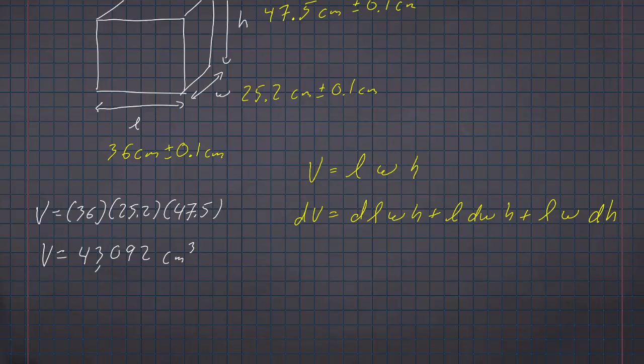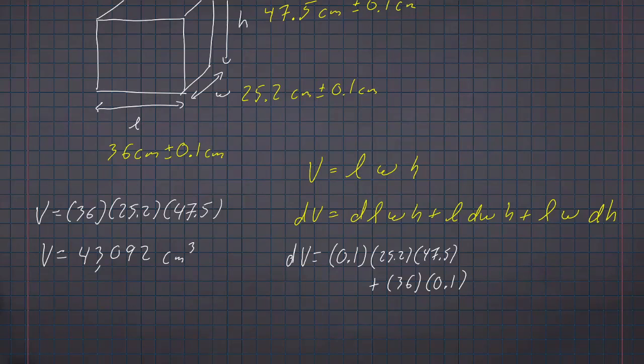Now in the differential, I've got a bit more of a mess going on, but that's okay. It's still just a matter of plugging stuff in. dL is 0.1, W is 25.2, and H is 47.5, plus L is 36, dW is 0.1, and H is 47.5.